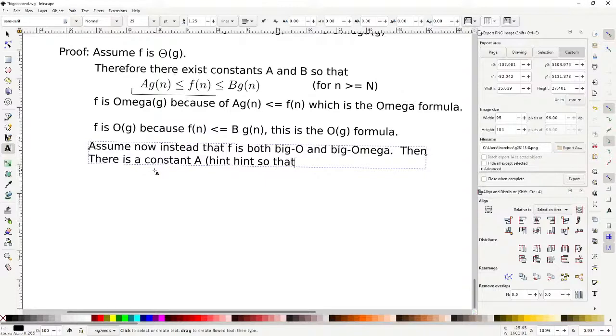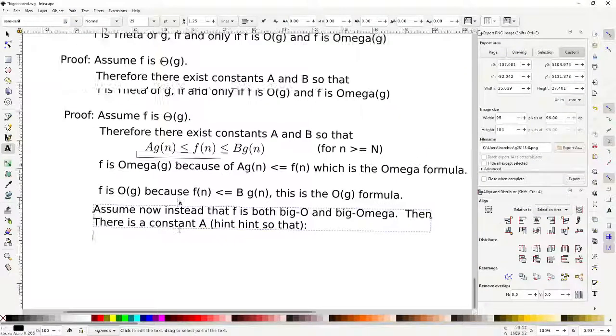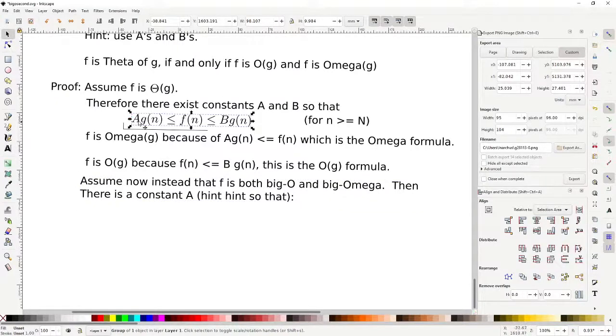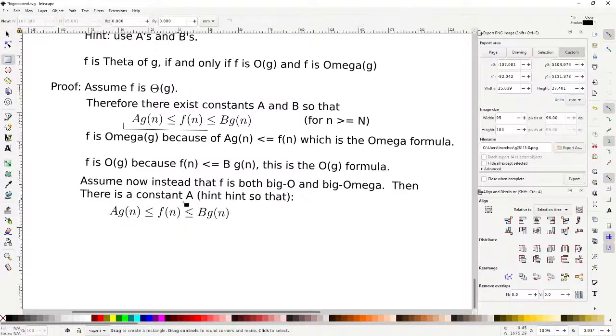So that this part is true here, right? And maybe I'll just cover this part up with a box. Maybe a white box. There we go.